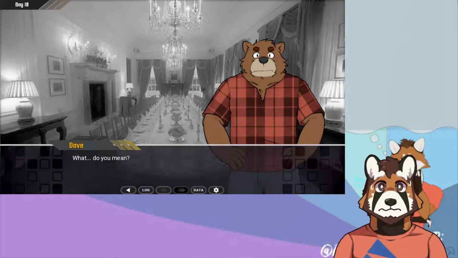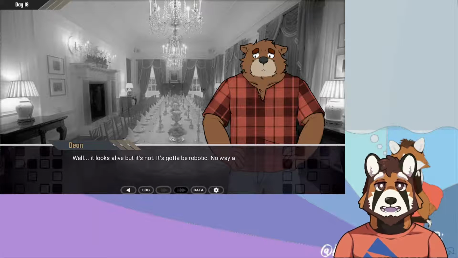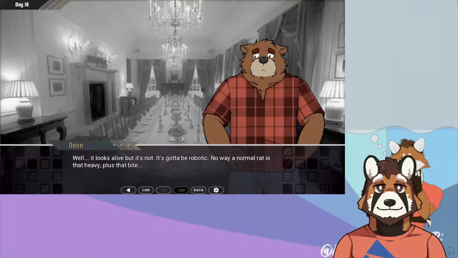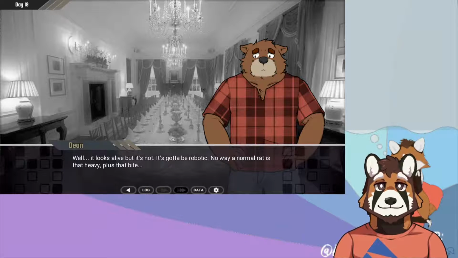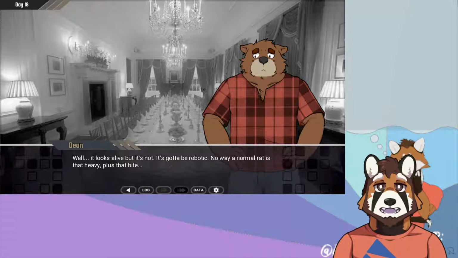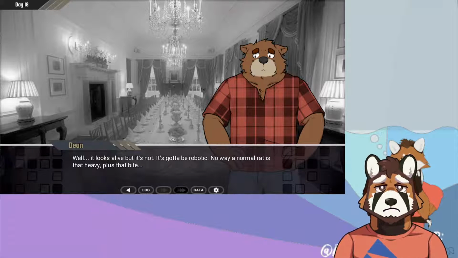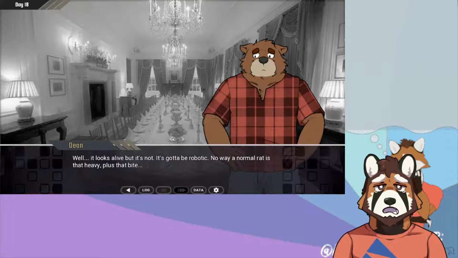What do you mean? Well, it looks alive, but it's not. It's gotta be robotic. No way a normal rat is that heavy. Plus, the bite. The bite of day 18. We all remember the bite of day 18.